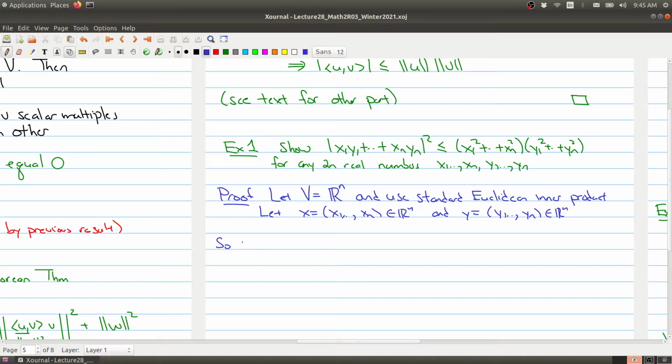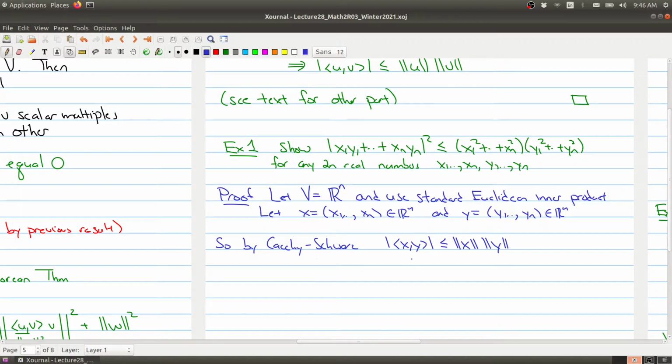So by Cauchy-Schwarz, what we have is that the absolute value of the inner product of x and y is less than or equal to the norm of x times the norm of y.